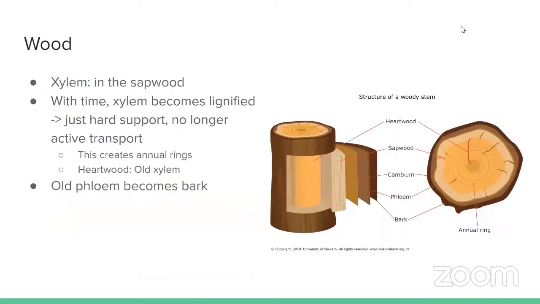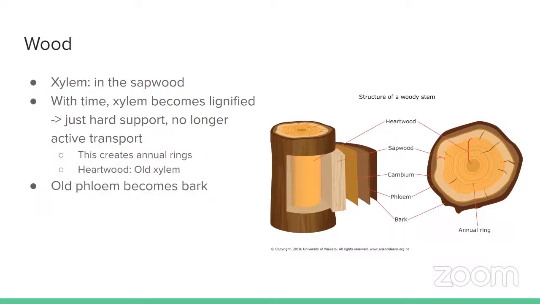Okay. So for our last group, I want to talk for a second about wood, because that's one of the things that's going to be weird about one of our examples. So we've mentioned xylem and phloem, right? That's our vascular tissue in our vascular plants. We had some in the ferns. We didn't zoom in too deep on them, but the xylem carries water, and the phloem carries sugars, the products of photosynthesis.